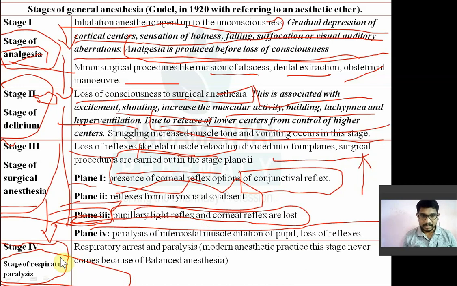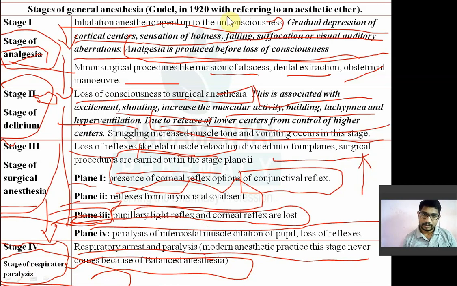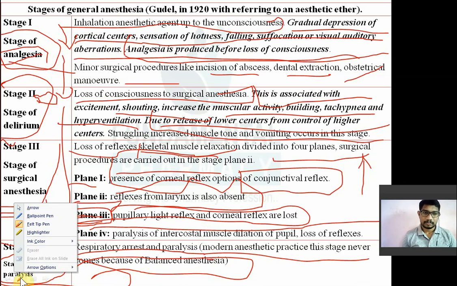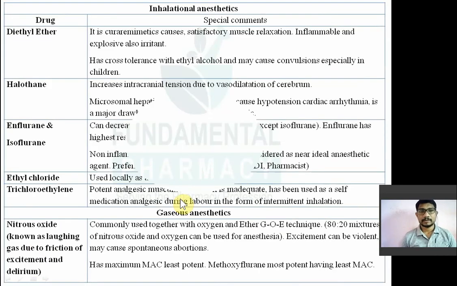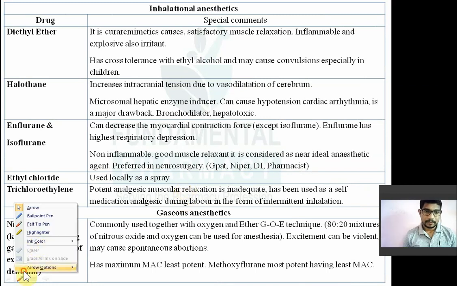This respiratory arrest and paralysis stage will never come in modern anesthetic practice because of the balanced anesthesia technique, जो आजकल बहुत ज़बरदस्त हो गया है, that's why patient मरेगा नहीं। Anesthesiologist का काम बहुत ही important होता है, because इधर उधर 1-2 ml हो गया तो problem। तो stages समझ में आया, are you getting or not?